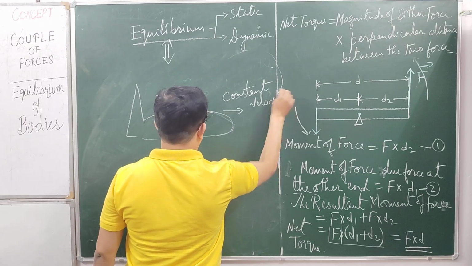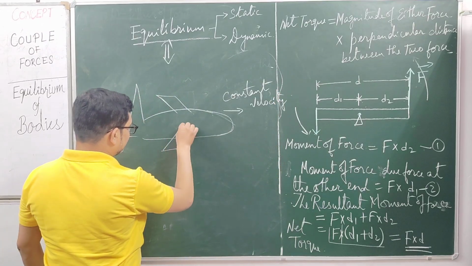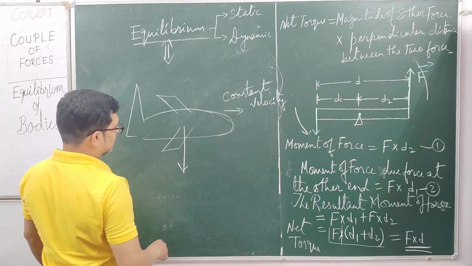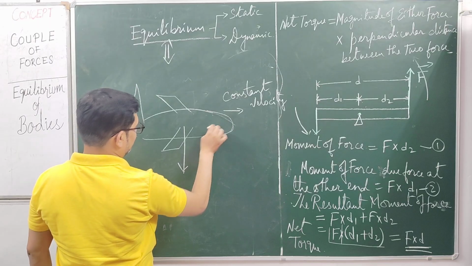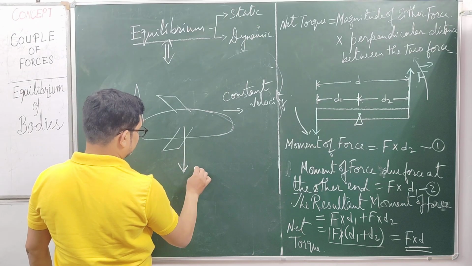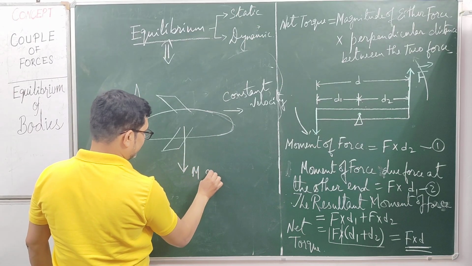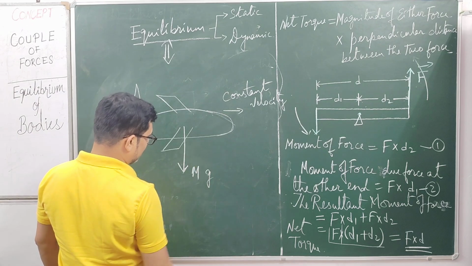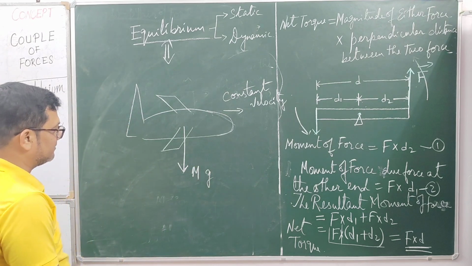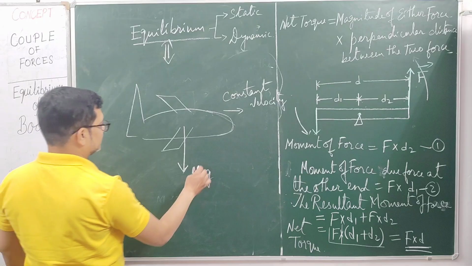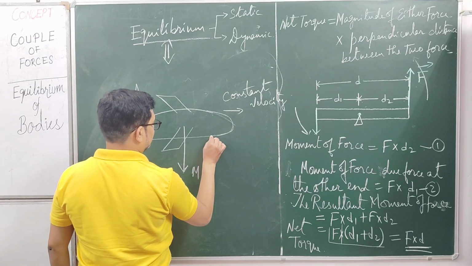How is it possible? It is possible because the mass of the airplane, suppose it is m, gives a weight acting downwards, mass times g, m times g, and there is a pressure lift in this direction.